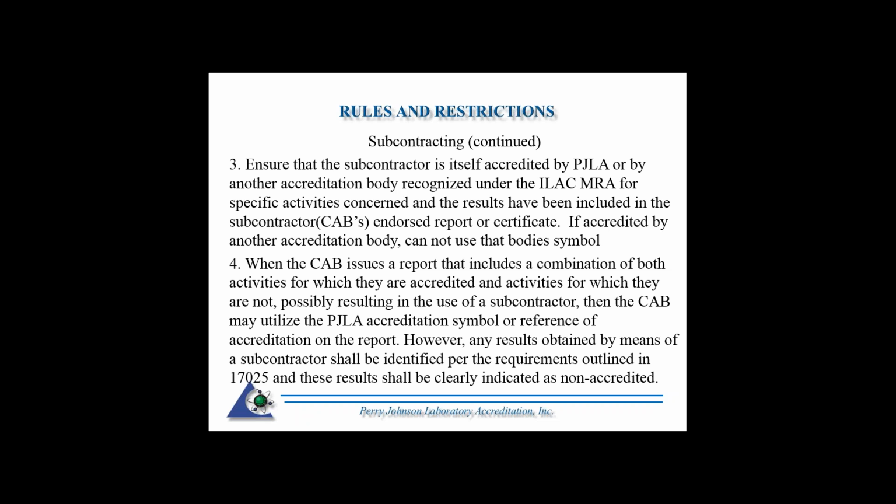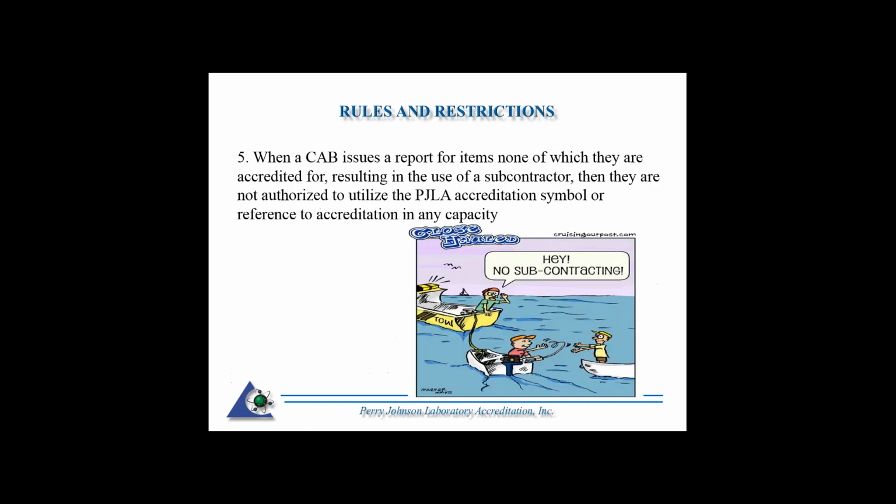So in other words, if you're not accredited for temperature calibration and you include thermometers in with an accredited type report, you cannot claim the accreditation under the subcontractors. You can only subcontract things which you are accredited to and use that in conjunction with the utilization of the logo and or appropriate accreditation language.